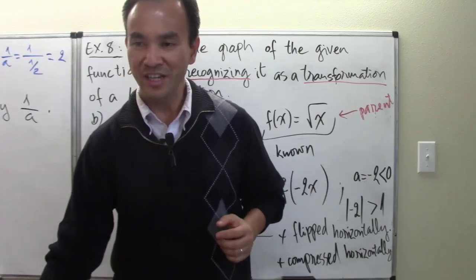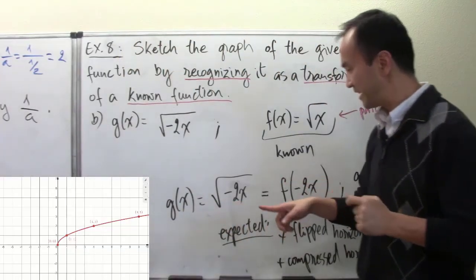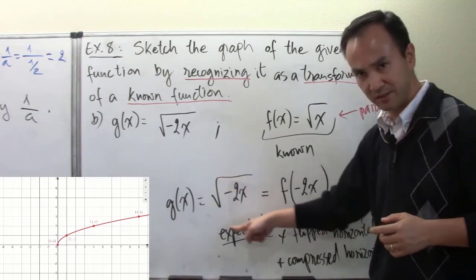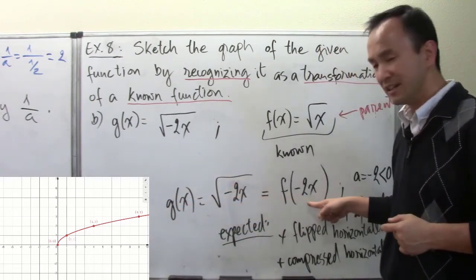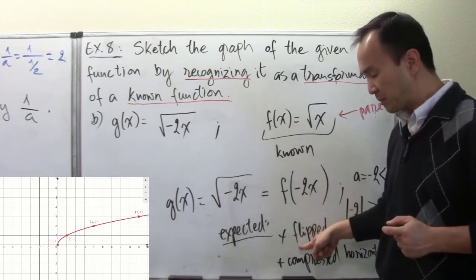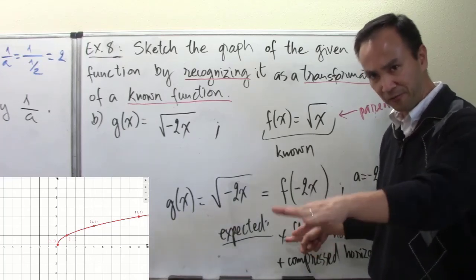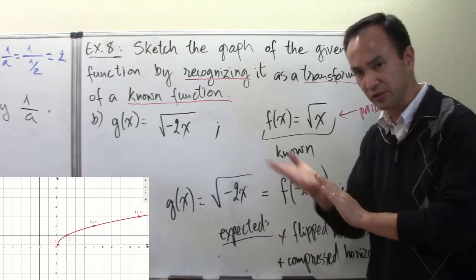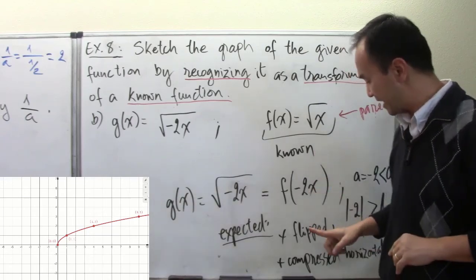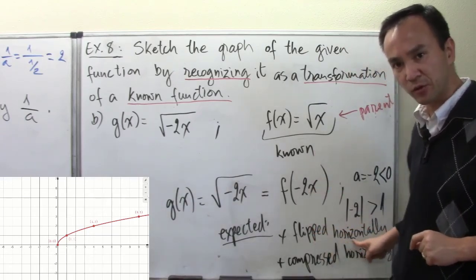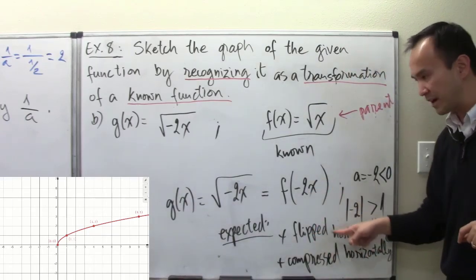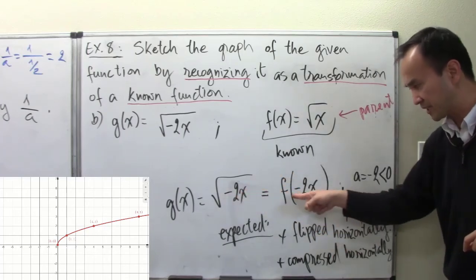Now we want to see how that graph is transformed based on this relationship between g and f of x. I'm expecting that we take that shape and flip it the other way around, through the y-axis, because it needs to be flipped horizontally. The graph for g of x is the flipped version of this f of x.